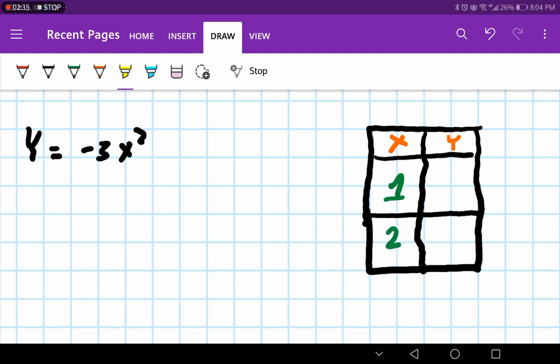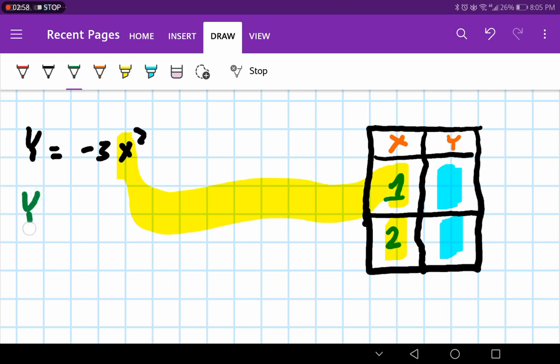So the 1 and the 2, from where, teacher? It is from my head, and you can pick any numbers from your head. Are you happy with that? Good. Now to get the y values, we have to put the 1 here instead of x. Let's go.